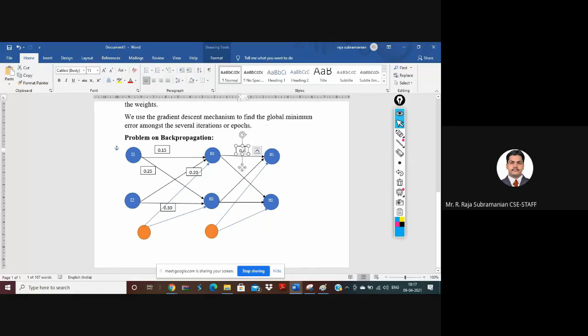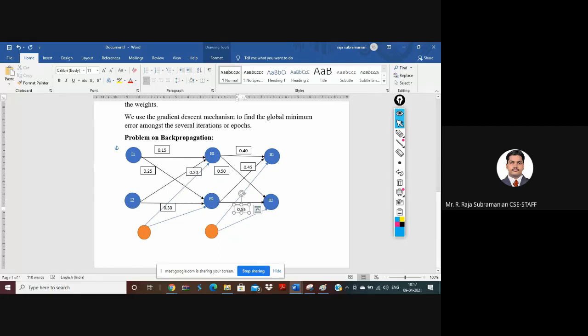And similarly over here, we have 0.40 from H1, and this is out 1 and out 2, we have to name it out 1 and out 2. This is 0.40, after that 0.50, and we have H2 to output 2, that is 0.45, and finally we have another weight, that is 0.55.